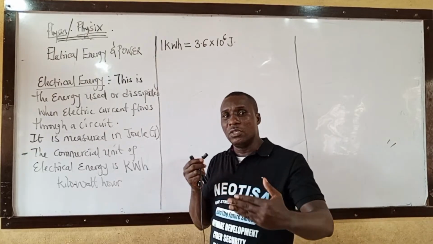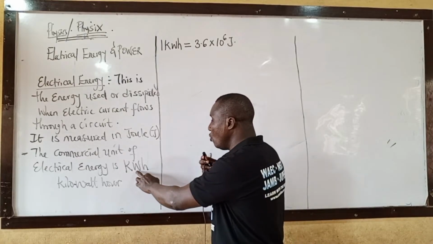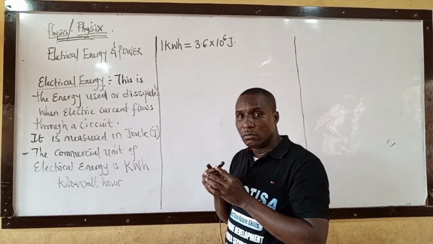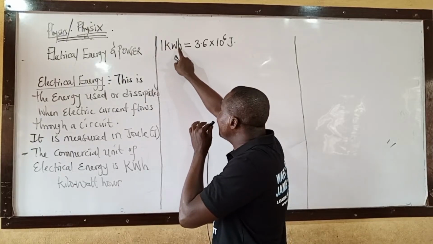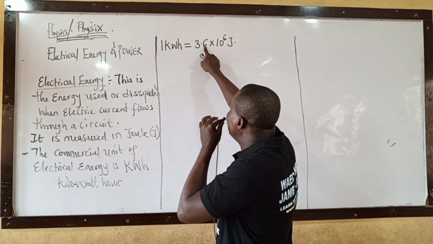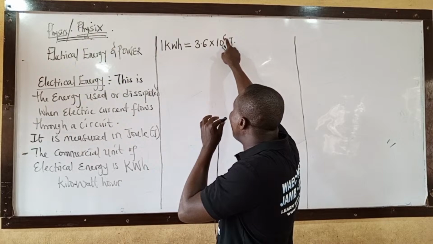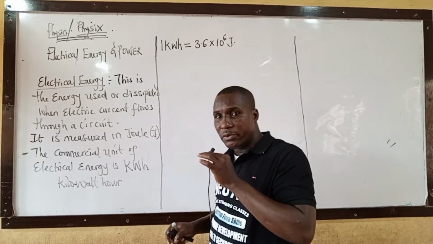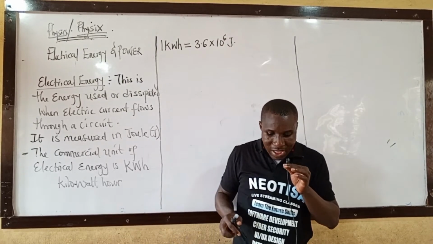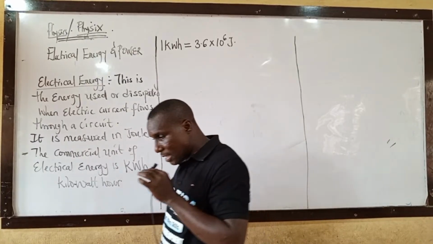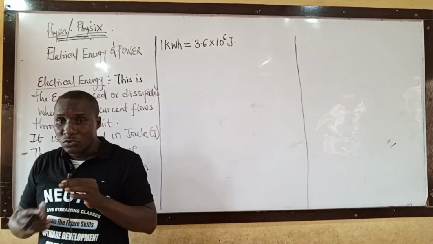The commercial unit of that electrical energy is 1 kilowatt hour, and 1 kilowatt hour is 3.6 times 10 raised to the power 6 joules.